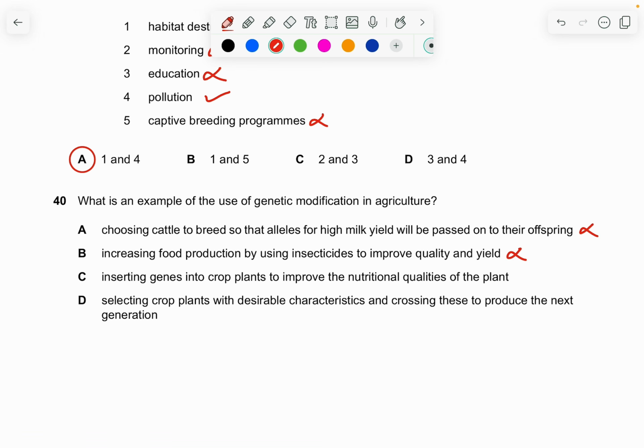Inserting genes into crop plants to improve the nutritional qualities of the plant. This is correct. Selecting crop plants with desirable characteristics. This is also wrong. So from this keyword, it's very easy. You just find the word genes, inserting genes, anything, insert gene. You know it's genetic modification already. So the answer is C.